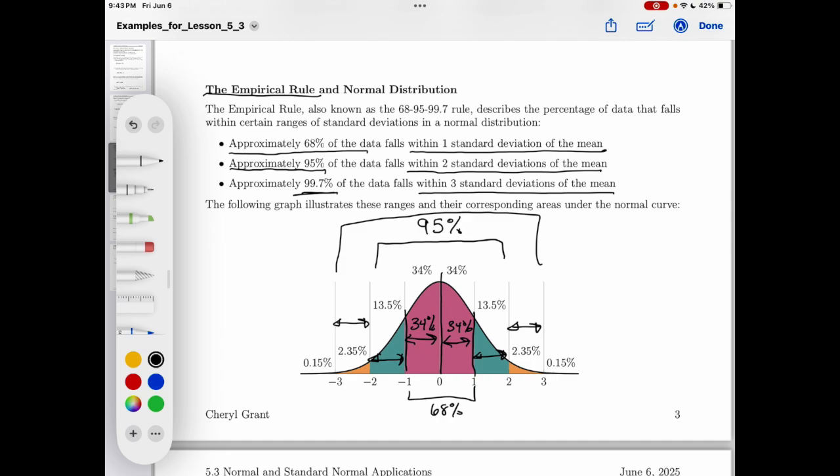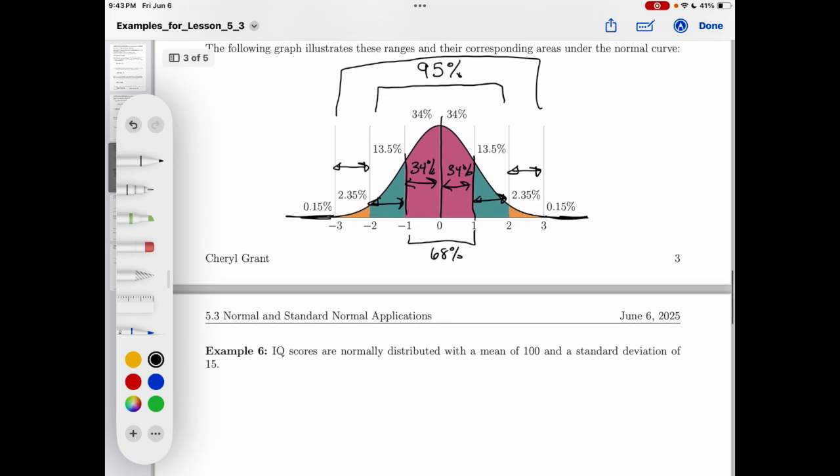Now, there's still some left over in these tiny little wings here. Remember, it has to add up to 100%. So there's still 0.3% left over. And when we split that up into these tiny little wings on each side, that's 0.15% in each of those wings. So we can use this as quick estimates.